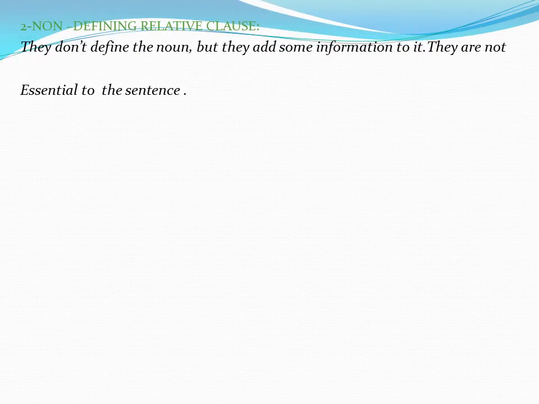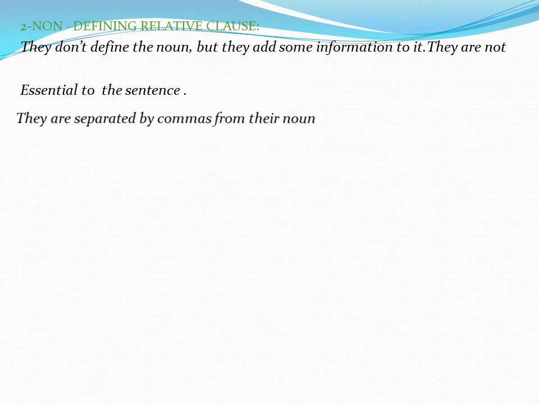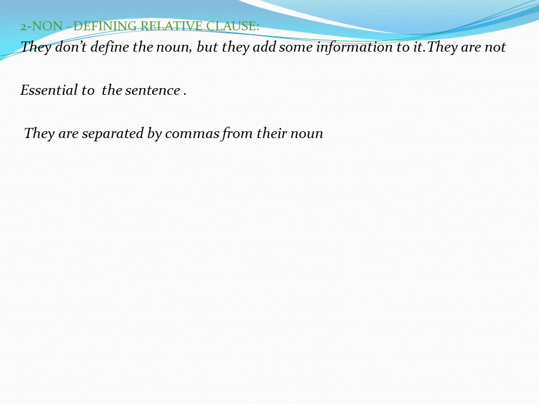A non-defining relative clause is not essential. It doesn't make the thing or the person unique. It doesn't define the noun, but it adds just some extra information to it. How do we know a non-defining relative clause?